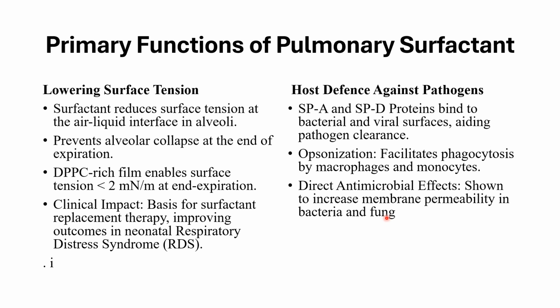And we know an increase in membrane permeability will cause leakage of the cytoplasm, or different compounds entering into the cytoplasm of these organisms, which will cause death or damage of the bacteria. So this causes the bacteria or fungi to be destroyed. So these are some of the ways that the host defense proteins, SP-A and SP-D, help to protect the lung against pathogens.